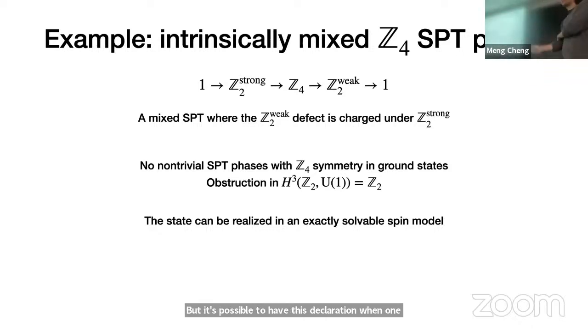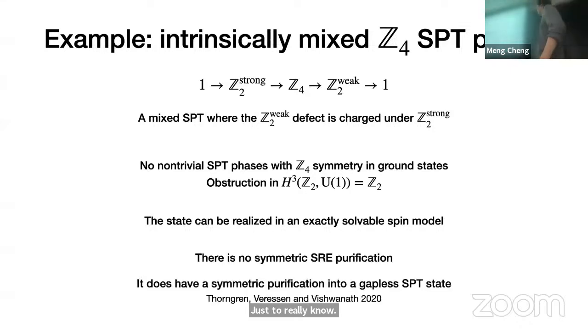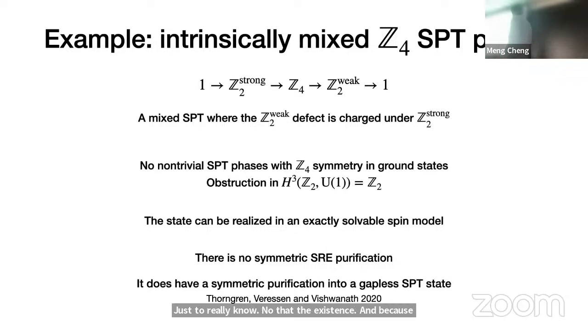And we can realize it in an exactly solvable lattice model, just to really know the existence. And because of this reason, there's no symmetric short-range entangled purification of this state. It just doesn't come from any short-range entangled symmetric state under decoherence.